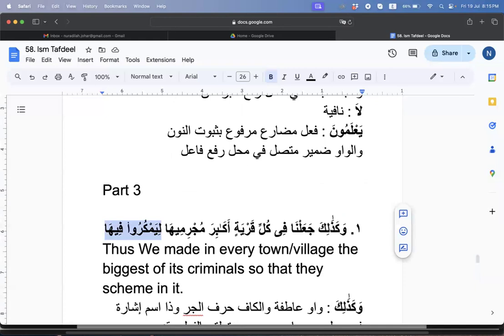Muta'alliq to khabar or fi'il, I don't know which one. Do we have a jumlah fi'liyah or jumlah ismiyah? Jumlah fi'liyah, so it must be muta'alliq bil fi'il. This fi'il, ja'alna. Why did Allah do this? So that they do this.